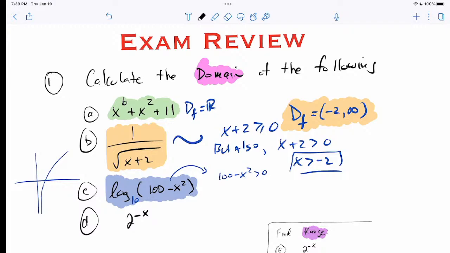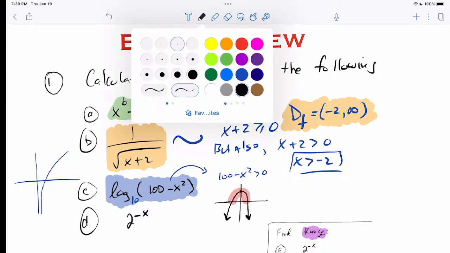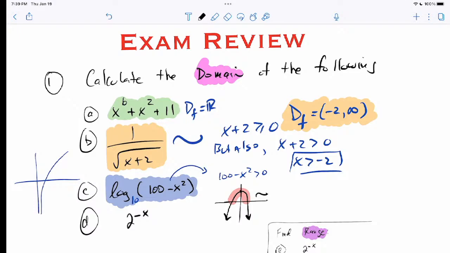But what does 100 minus x squared look like? Right? 100 minus x squared is a quadratic that opens down, looks something like this. So I want to make sure that that is greater than 0. I'm interested in all of these values here that I've highlighted in red. So that's going to be exactly between -10 and 10.